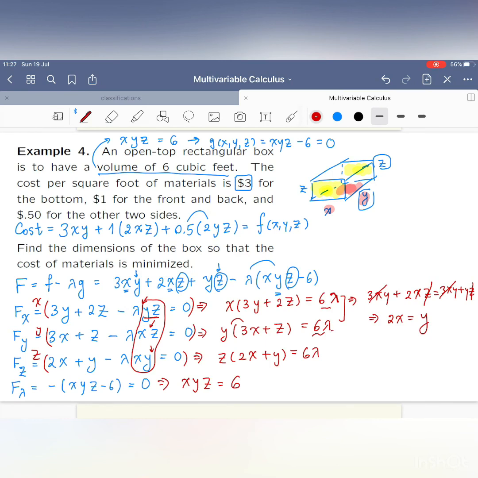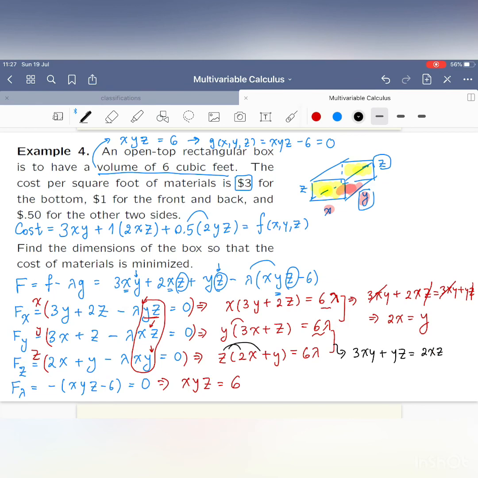And this one again, you can pair them up because they equal the same 6 lambda. So you have 3xy plus yz equals to 2xz plus yz.